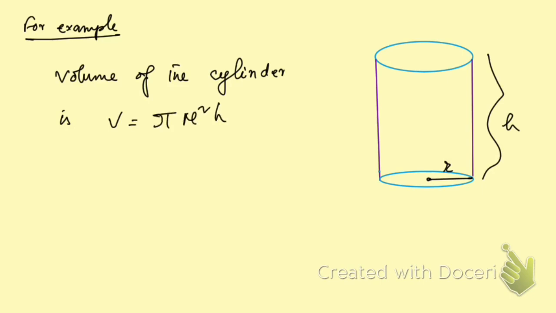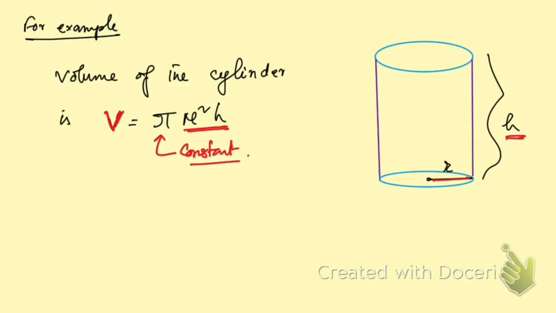Here pi is a constant, that is 3.14, or you can say 22/7 approximately. So this part is constant. The value of v depends on r and h. If radius or h is increased, then the value of v will increase.